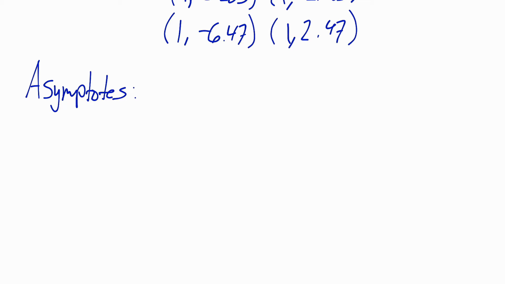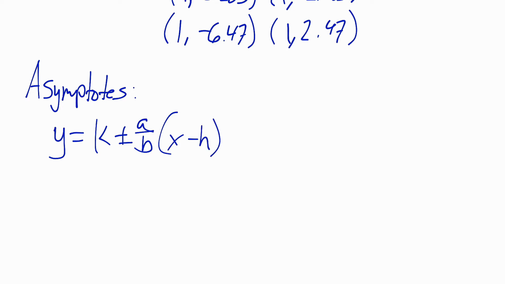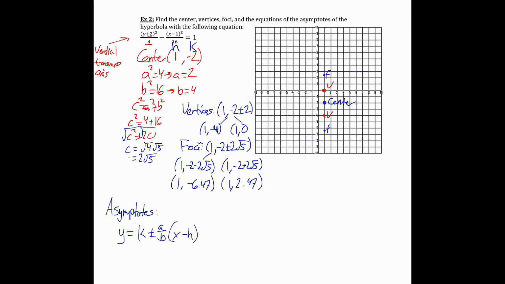Now for our asymptotes, we're dealing with a vertical transverse axis. So our equation is going to be y equals k plus or minus a over b times x minus h. Just going back to our center, that's where we get our h and our k from.